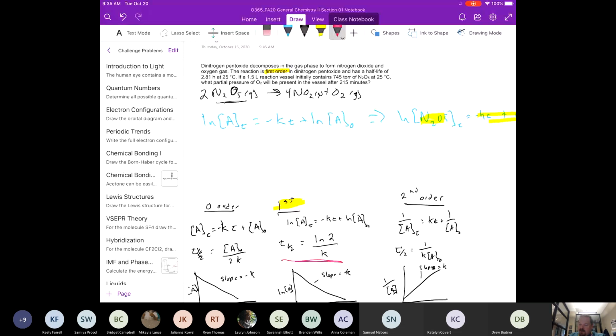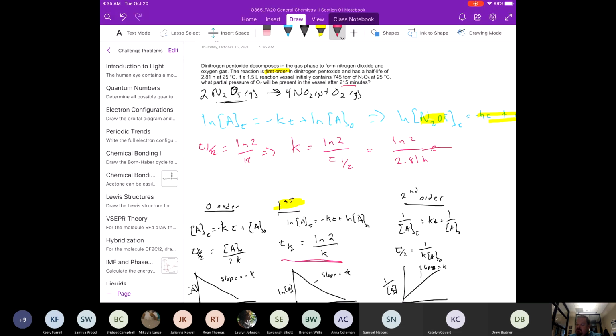So if T1/2 is equal to the natural log of 2 over k, therefore the rate constant k is equal to the natural log of 2 over T1/2, which is equal to the natural log of 2 over 2.81 hours. Because this time is in minutes, we need to convert this to minutes.